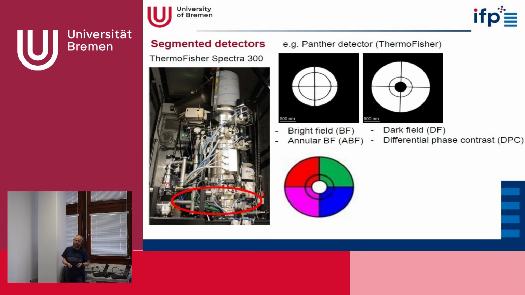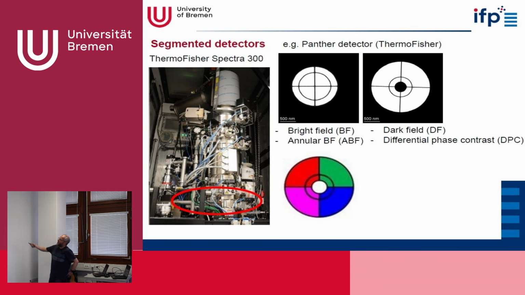So if we have, for example, oxidic materials and want to study the oxygen positions, then we would use the annular bright field. Then we have the second part of the detector, which, as you see, is already larger and has a hole, so here we create a dark field image, and eventually, if you set up the camera length correctly, you could even make high-angle annular dark field with this detector.